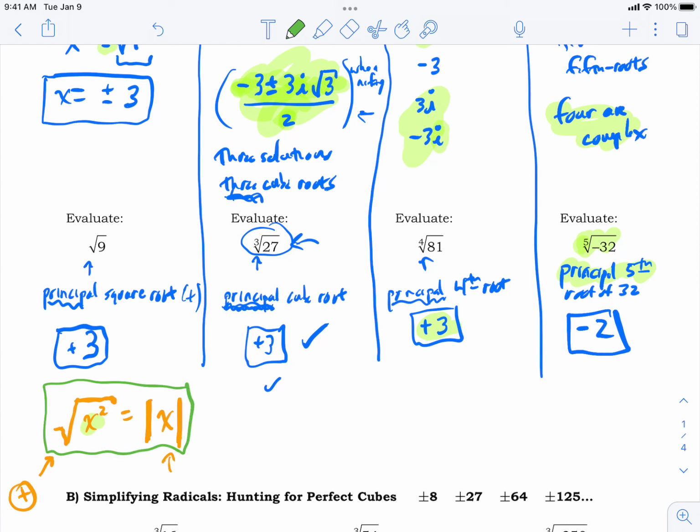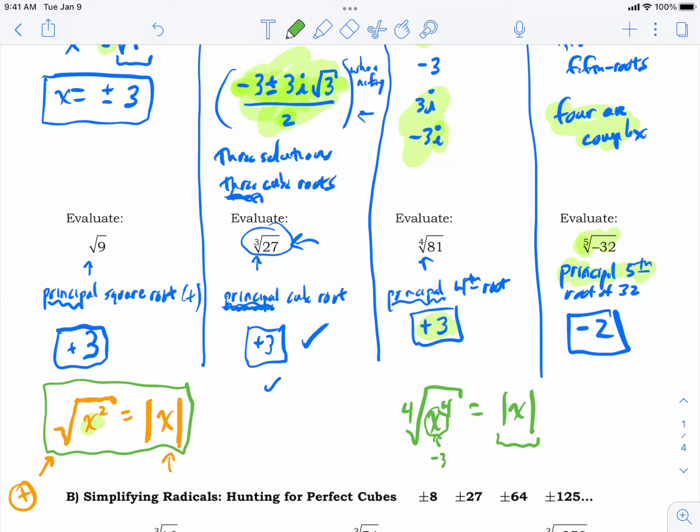Now, I need to point out that's true for all even roots. The principal root should always come out positive. Okay, so if x were a negative 3, and I took it to the 4th power, it would become a positive 81. And when you take the principal 4th root of positive 81, you get positive 3.